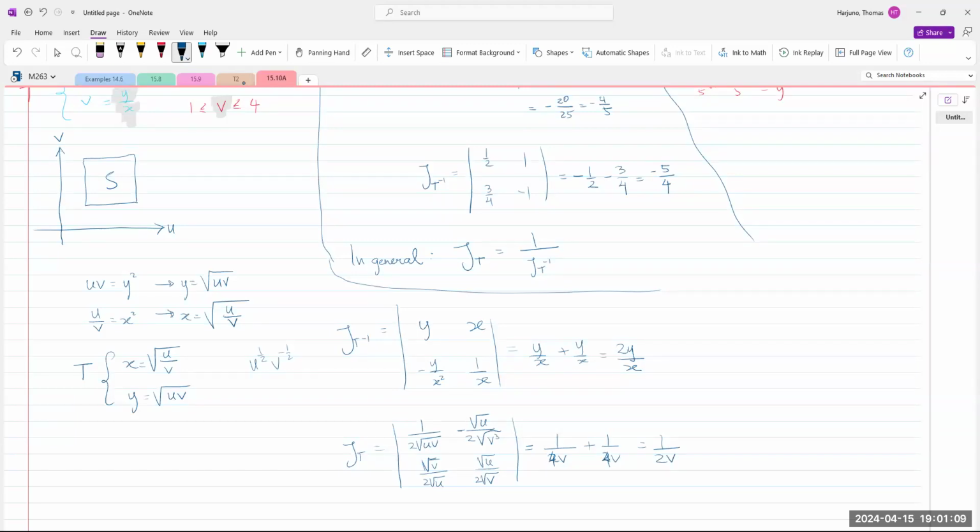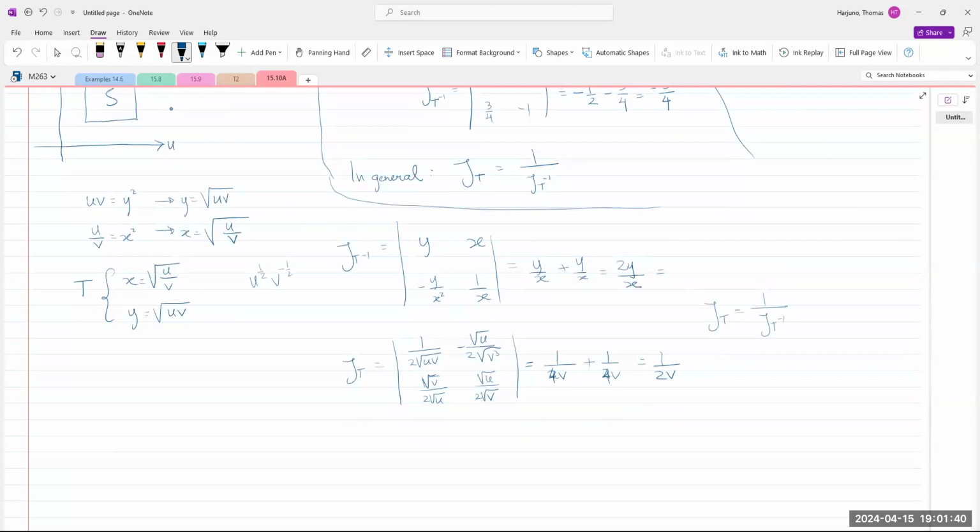Are they equal? No, they are not supposed to be equal, but we know that the Jacobian of T is supposed to be the reciprocal of the Jacobian of T inverse, right? So the inverse of this is x over 2y. Maybe we write it this way: y over x is v, so this is 2v.